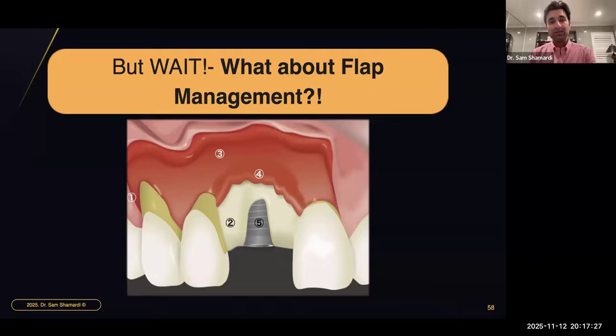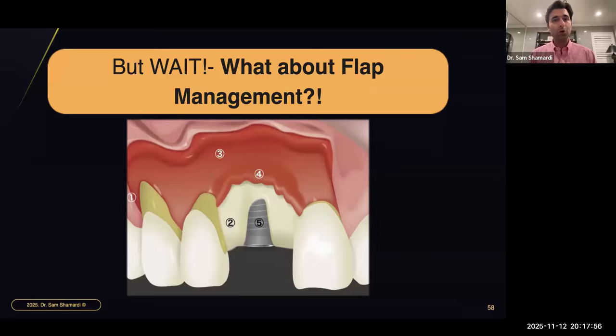So flap management is something that is going to be key for doing these procedures as well, and another important part of your overall success. So the point I make to everybody is if you are ever in doubt about whether or not you might or might not have a defect, when in doubt, always raise a flap, because that is going to be the best ability for you to get complete visualization of the defect and ensure what's going on.